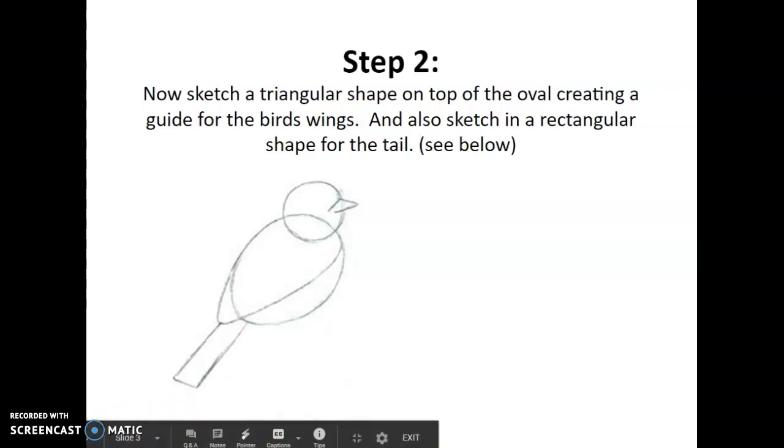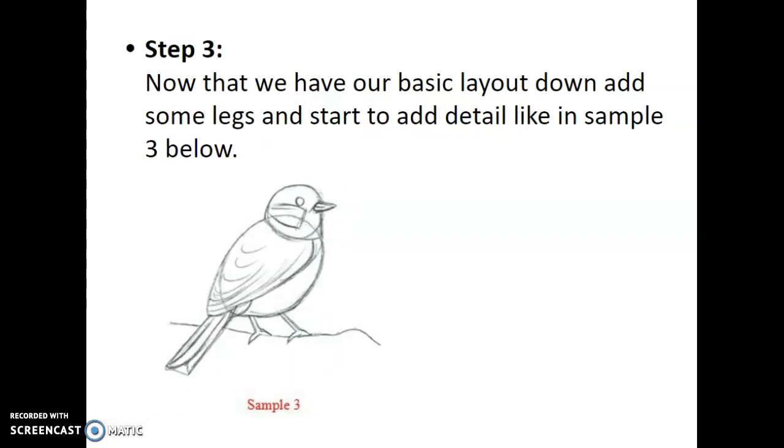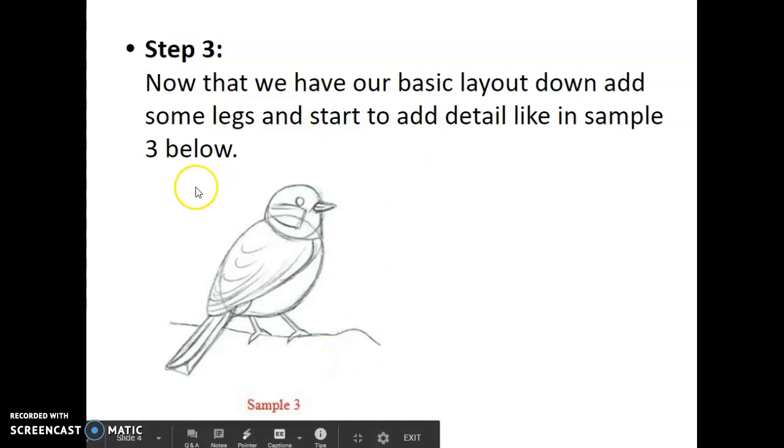And then the next step is, go on to the next slide. Okay, this is step three. So you had your basic shapes, okay, and now you're going to add a bit of detail. Now, can you see how this bird has changed? And there's a lot more detail. Remember, you are still looking at your picture of your bird. This is going to help you sketch your bird, but you're looking at the picture of your bird as well.